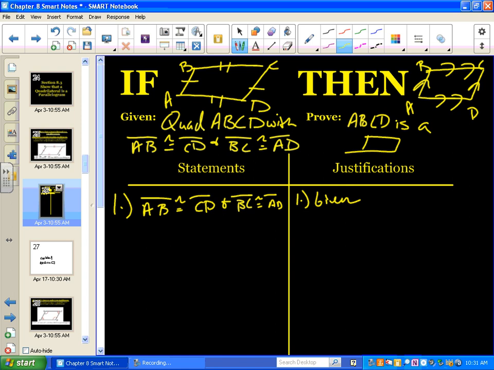What else proves lines parallel? Keegan. Corresponding angles. What do they have to be? Congruent. When corresponding angles are congruent, then the lines are parallel. What else does? Kara. Alternate interior angles. When they're congruent, the lines are parallel. What else, Amber? Alternate exterior.